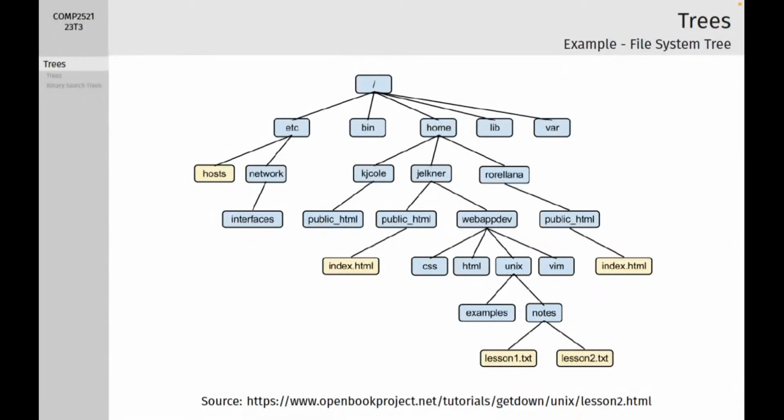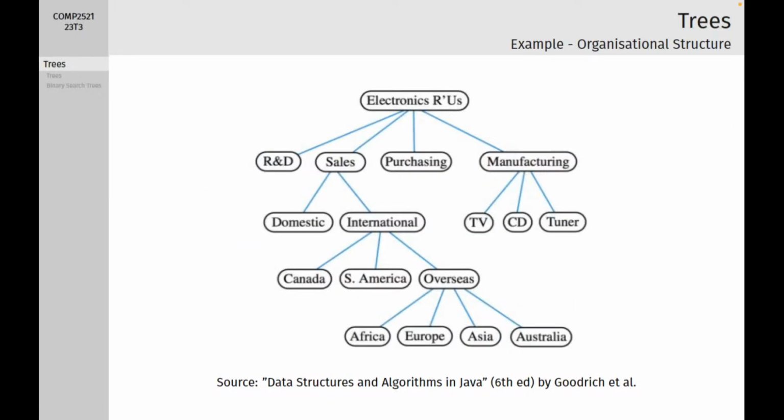So here are just some examples of trees in the real world. First of all, the file system on your computer is a tree, because you've got a single root directory, and then subdirectories of that, and each of those directories will have subdirectories and so on. Another example is an organizational structure.